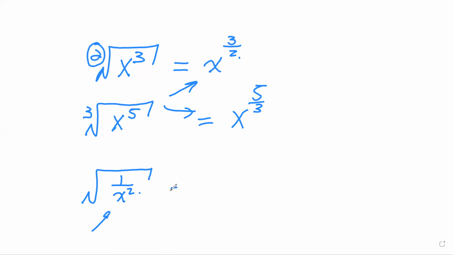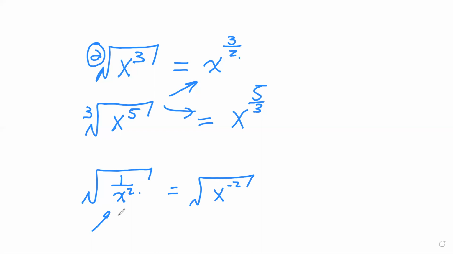And this is the idea that we could rewrite it first this way, or it'd be to the minus 2 power. And remember, if the base is 1 over x, to change it to a negative, you flip the base, and so it'd be x over 1 or x to the minus 2 power.